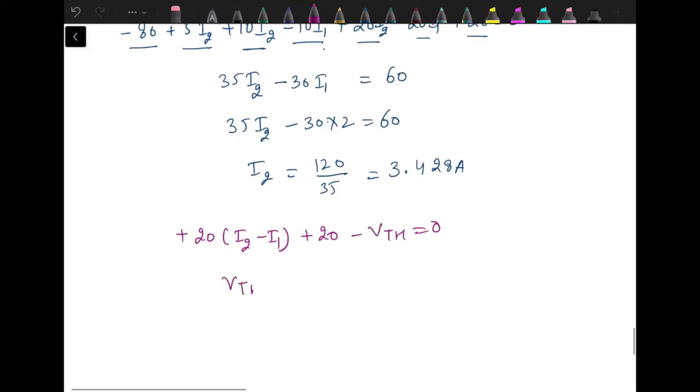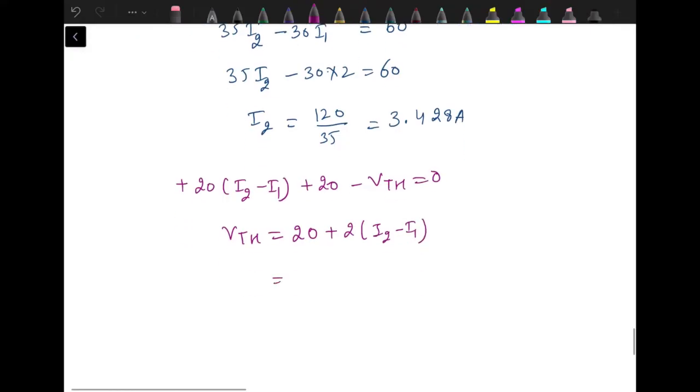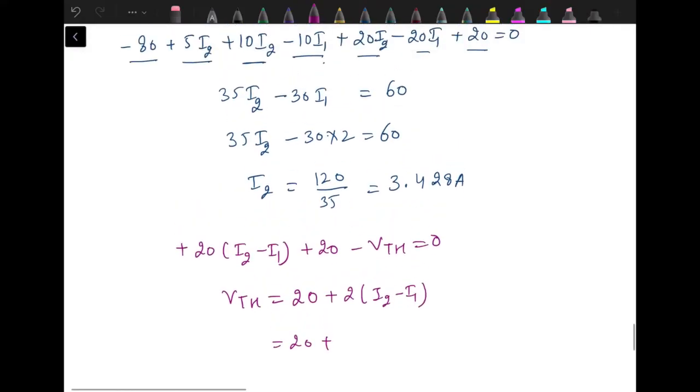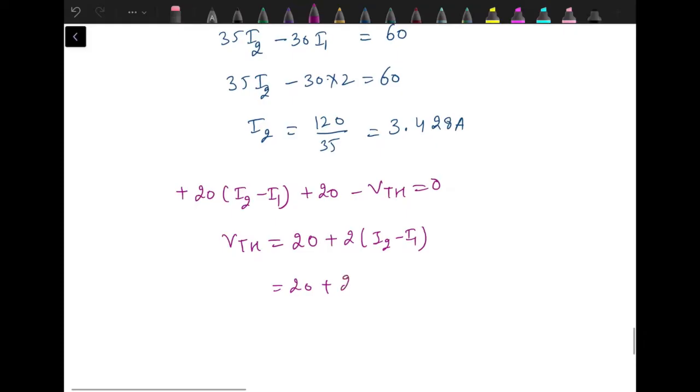So VTH will be equal to 20 plus 20 into I2 minus I1. I2 is 3.428 and I1 is 2. So this will give us the value of VTH as 48.56 volts.